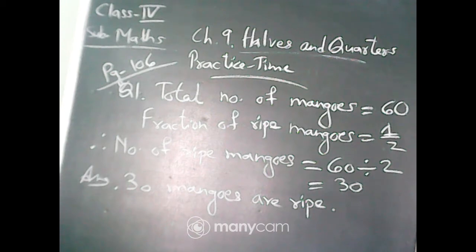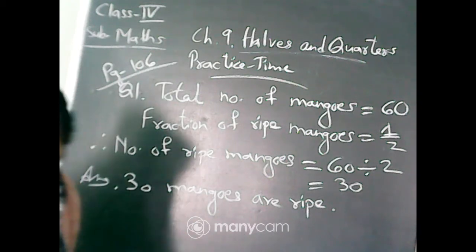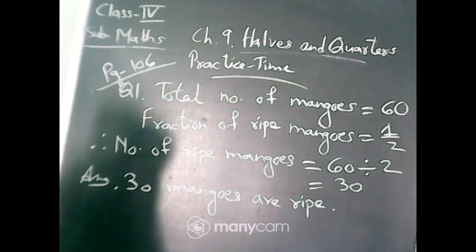Total number of children is equals to 32.